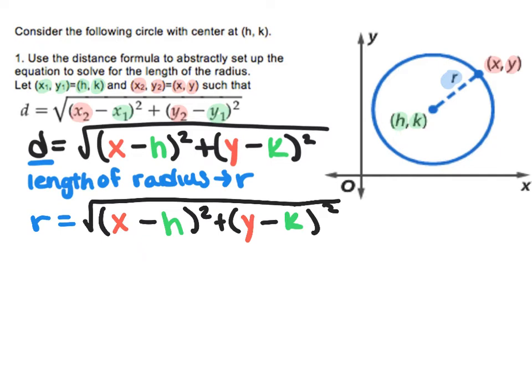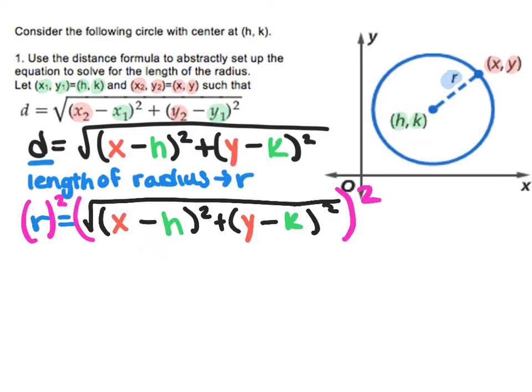Now, typically we don't like to leave an equation with a square root. So in order to undo the square root, we square both sides, because raising a square root to the second power undoes the square root.